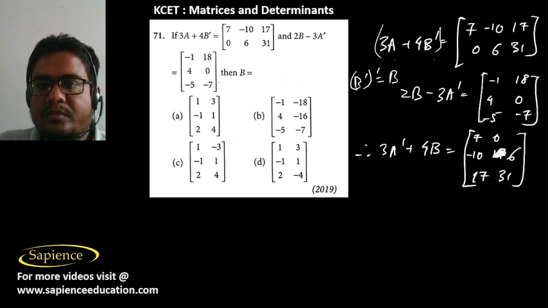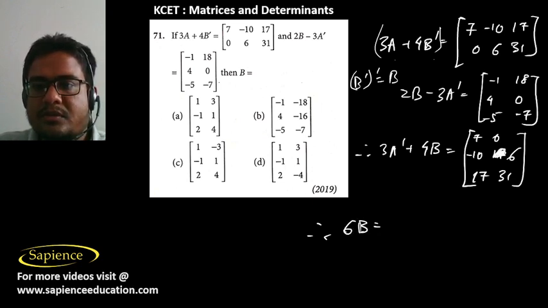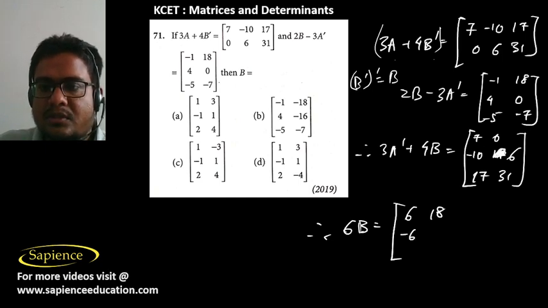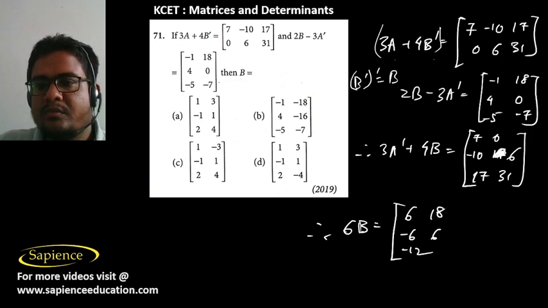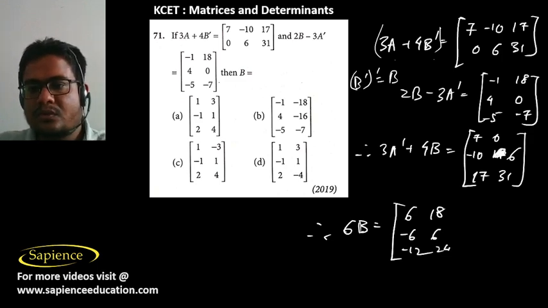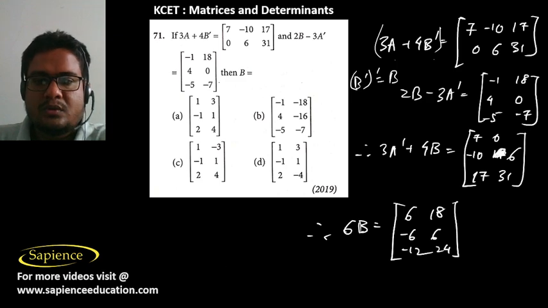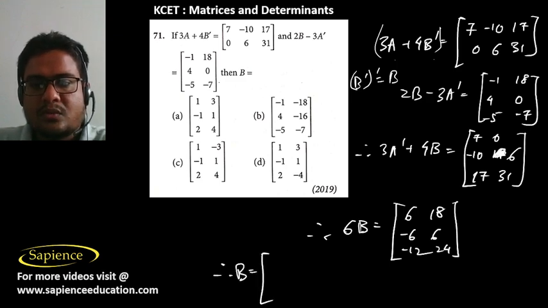So this is 4B, and this is 2B. Therefore if we add them, then these two will cancel, and we'll have 6B. 6B is equal to the sum: 6, 18, 4 plus 4 minus 10, that is minus 6, 0 6, and then 17 minus 5, that is 12, 31 minus 7, that is 24. So therefore B will be equal to 1 3 minus 1 1 minus 2.